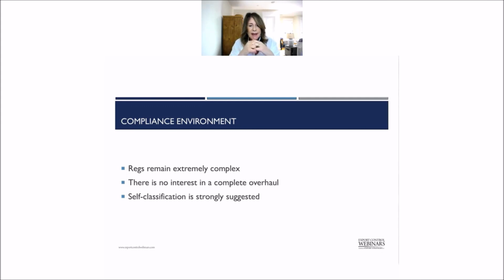One of the things that I wanted to mention as far as compliance goes, the Commerce Department office that deals with the classifications on Category 5 Part 2 is extremely short-staffed. And so if you submit something that can actually be self-classified, then you're just going to have to wait forever, literally forever, to get it done.